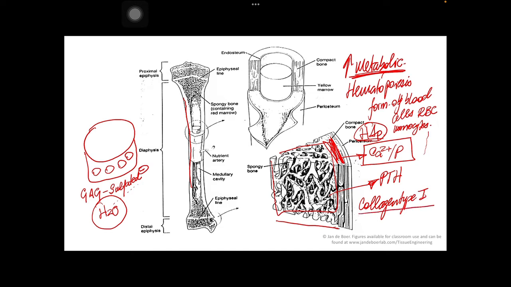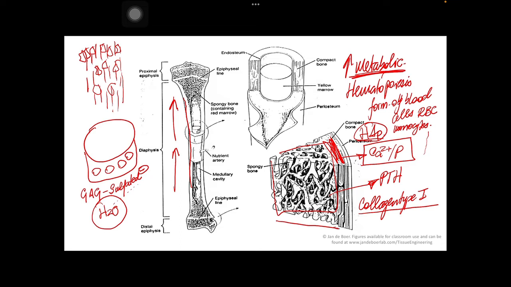Collagen type 1 is a fiber formation type of collagen, and what you will have is an organic structure of collagen in an anisotropic orientation, or oriented in the long axis of the bone, right? And there are going to be deposited crystals of hydroxyapatite, and that's how mineralization happens. And mineralization happens over time.